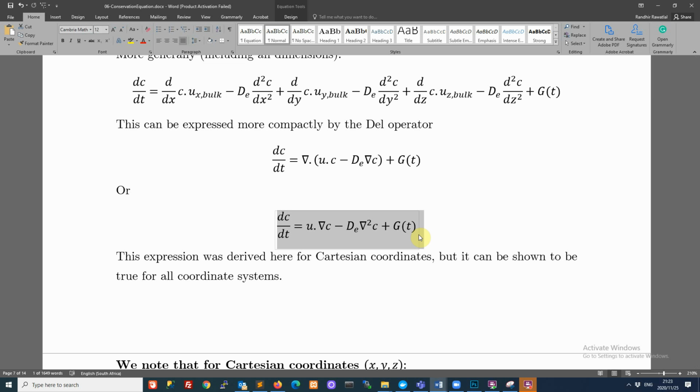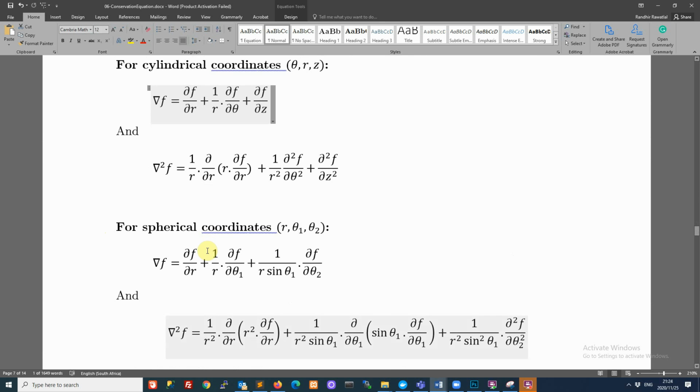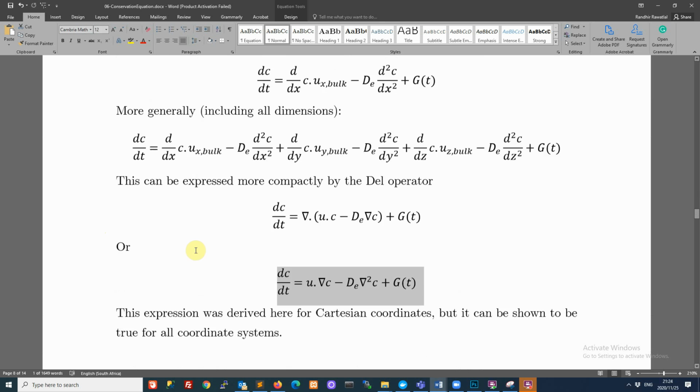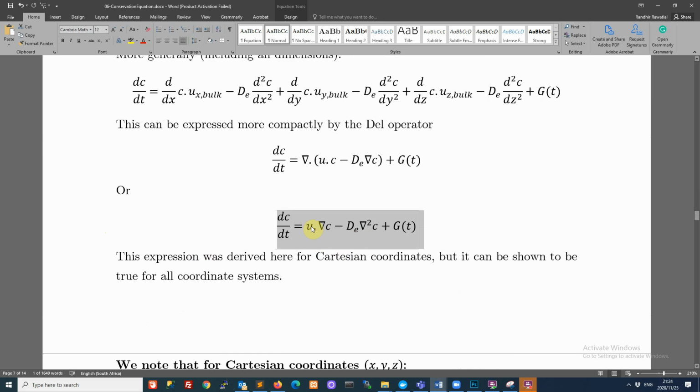Now it doesn't matter what the space is like. It doesn't matter what coordinate system we have. We have the same equation, and we just have to look up the right del expression for that coordinate system. So that's one major generalization for us. We no longer have to concern ourselves with the nature of the geometry.